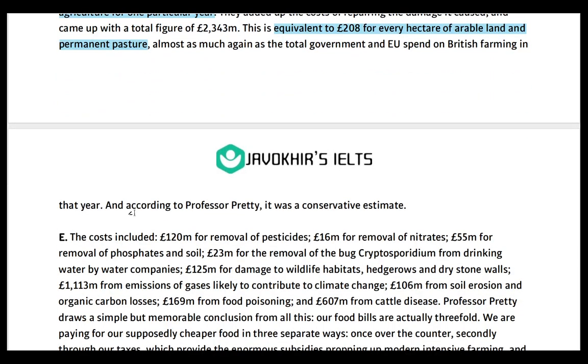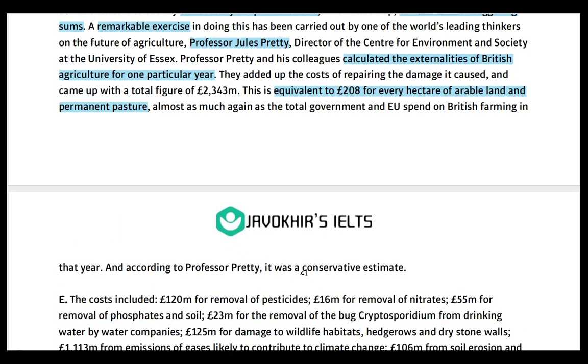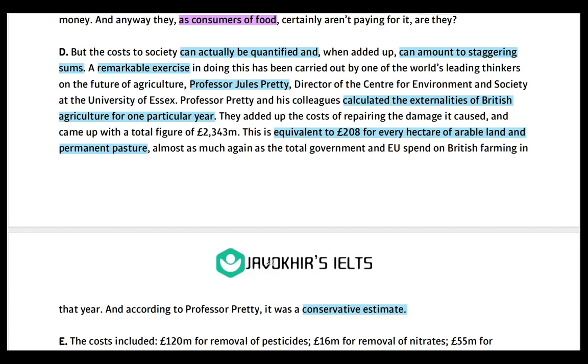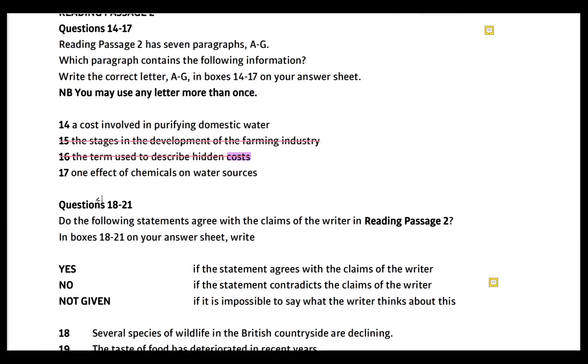According to Professor Pretty, it was a conservative estimate, just an estimation, not the real number. So you might argue it's about the cost involved in purifying domestic water. However, it is talking about cost, but it's not mentioning anything about purifying and making water cleaner, right?